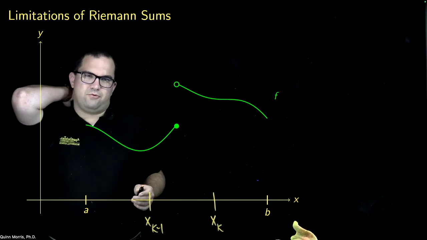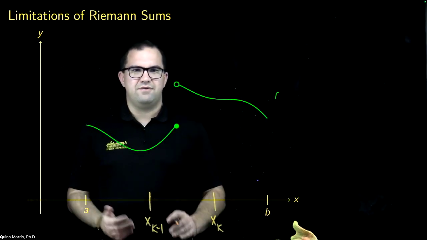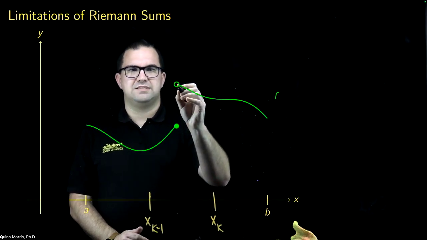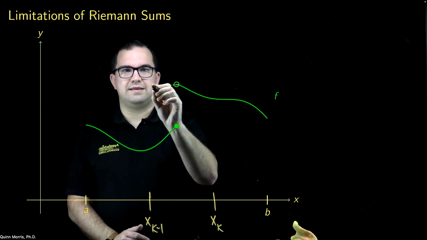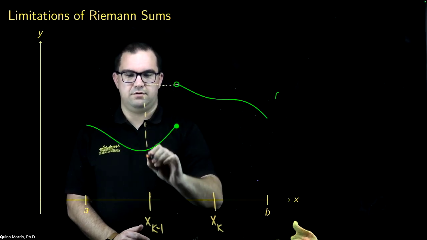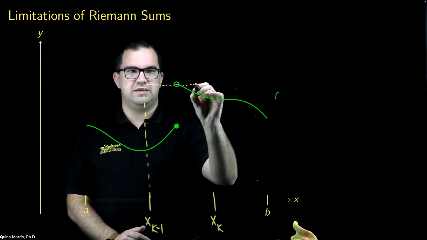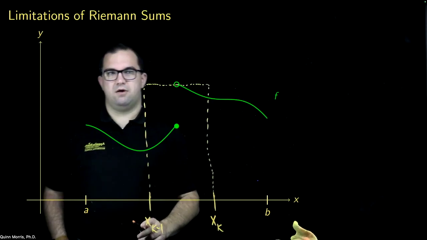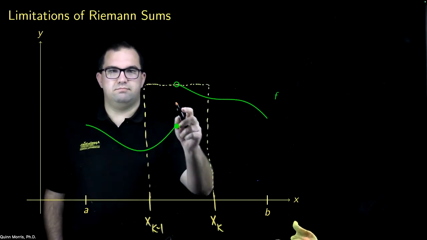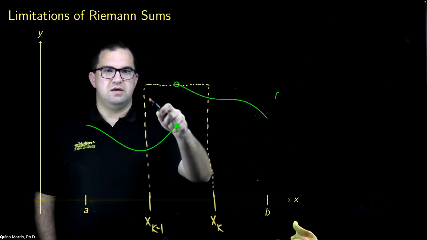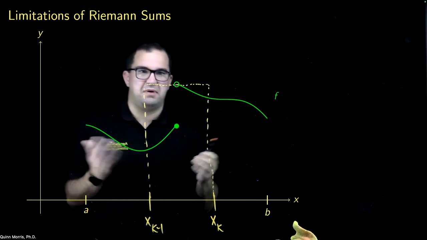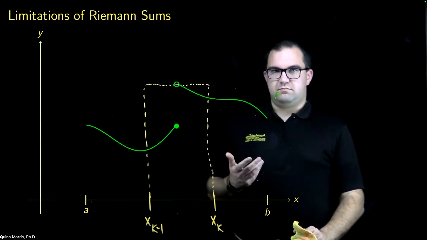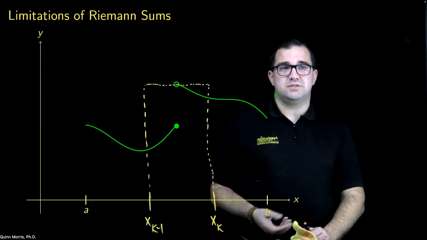Now, if I just forget about Riemann sums for a second, if I just think about what might be reasonable approximations, I might say, you know, I want a rectangle that has this height. Like, I don't think this is an unreasonable approximation of my function. Now, does it overcount some area? Sure, it overcounts some area here. It also undercounts some area over here, but hey, nothing's perfect. So I think that's not a terrible approximation.